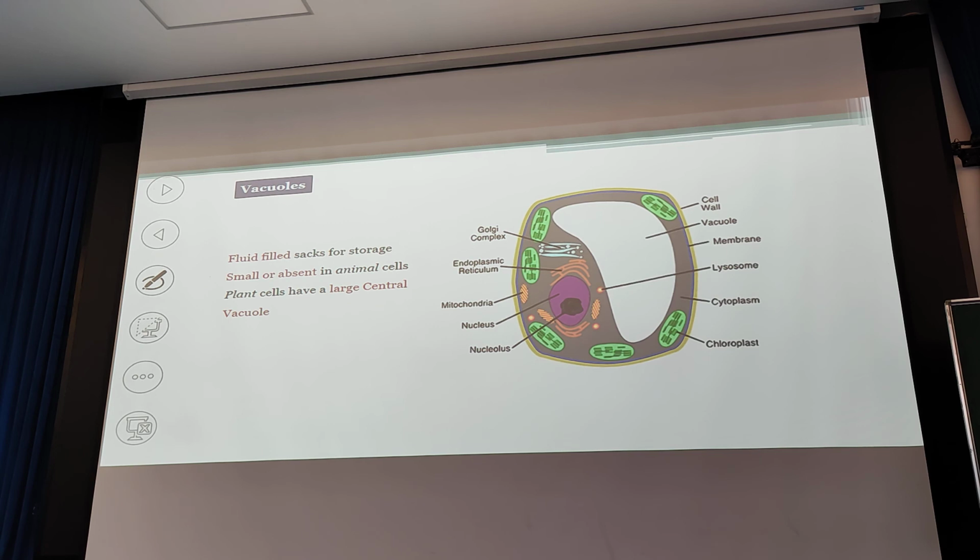So the vacuole is a fluid-filled sac for storage, and it can be small or absent in animal cells, but plant cells have a large central vacuole. In your practical lesson number 2, you will have a chance to experience the large vacuoles of plant cells.